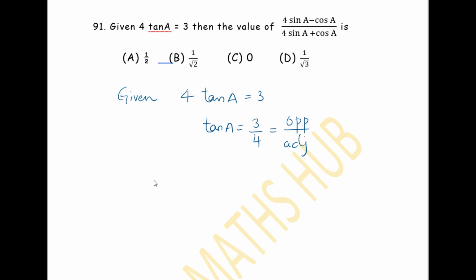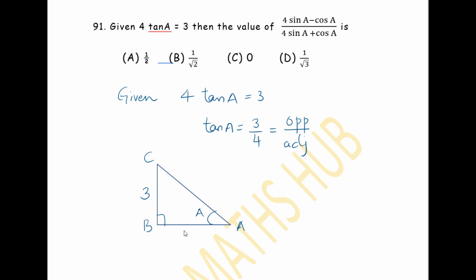Now draw a right angle triangle. In that, consider right angle at angle B, with vertices A and C. Now with respect to angle A, opposite is BC, therefore it becomes 3.